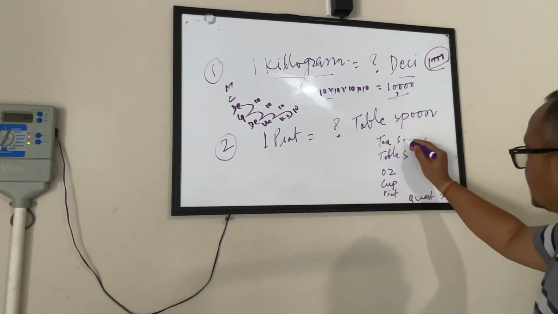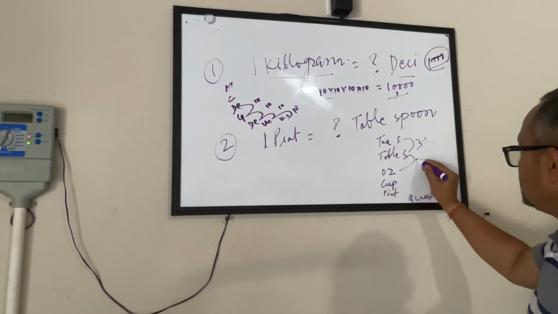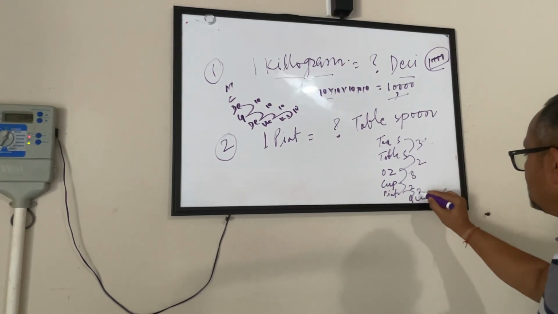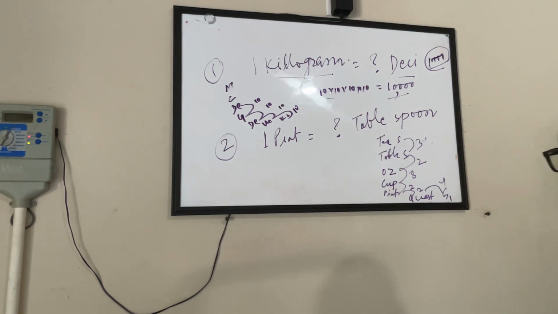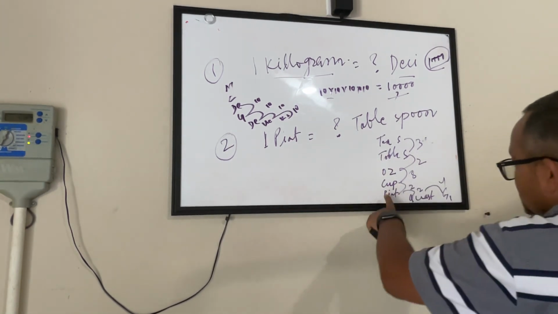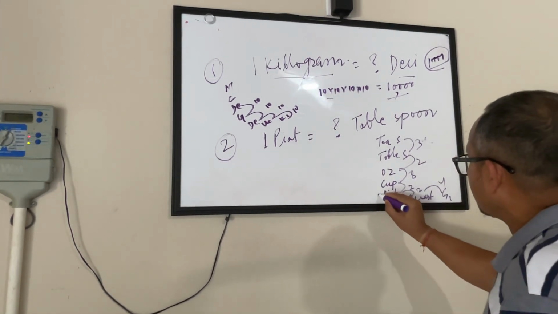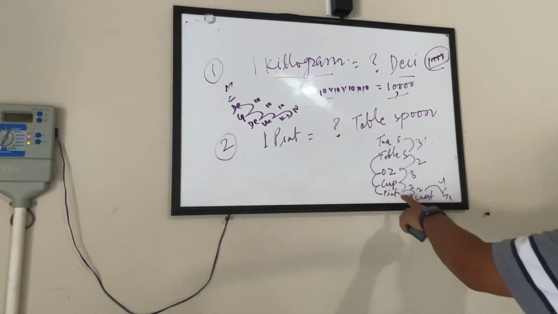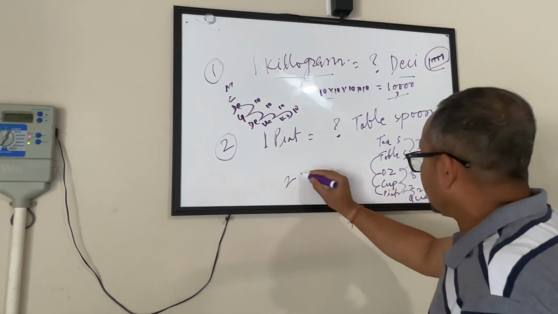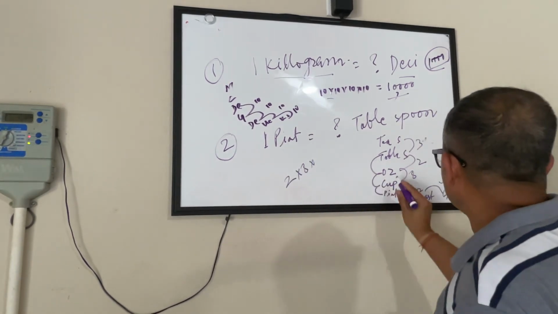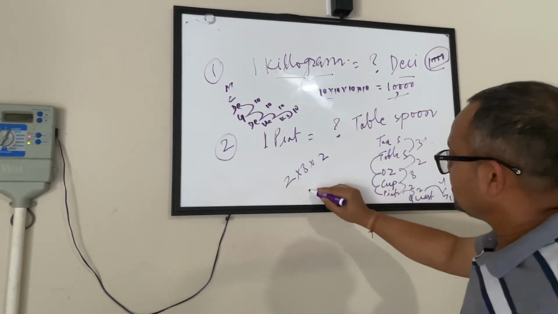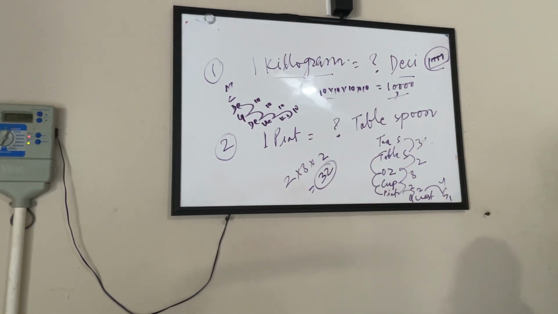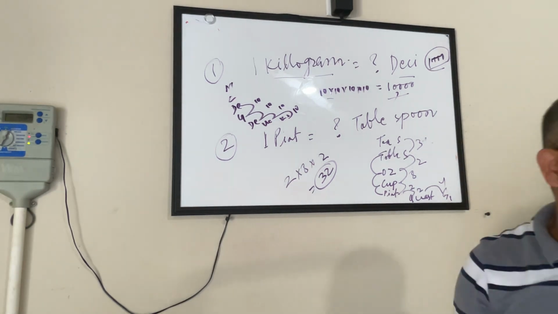And we know 3, 2, 8, 2, 2, 4. What we are talking about is pint to tablespoon. So we are starting from here, going 1 half, 2 half, 3 half. The first half is 2, the second half is 8, and the third half is again 2. 2 times 8 is 16, 16 times 2 is 32. So whoever got 32 was the right answer. Whoever missed it, it was an oversight. Yeah?